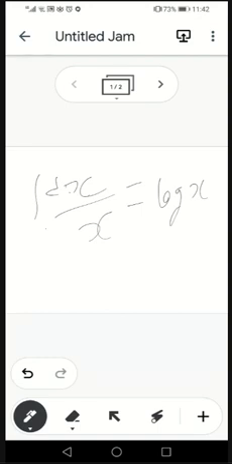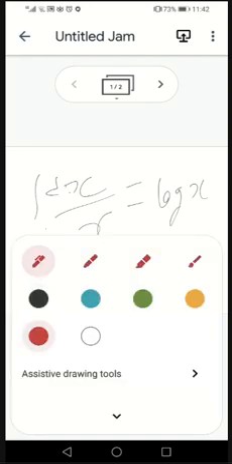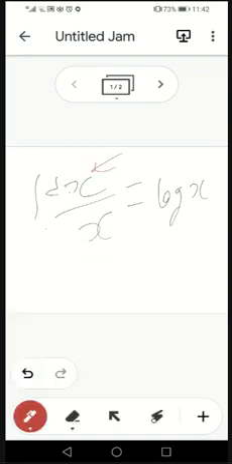Okay, here what we have, dx means what? Differentiation of x by x. Differentiation of x by x is equal to log of the denominator.